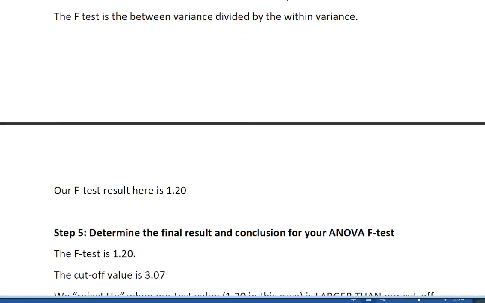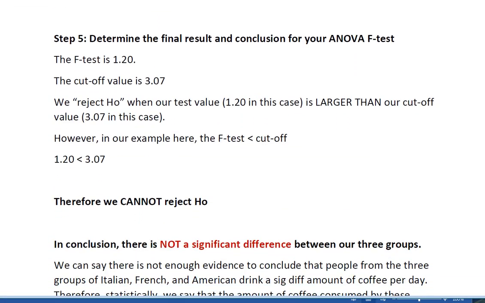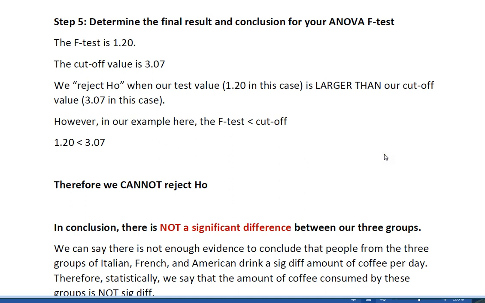In our final step, we have to determine whether or not our H0 should be rejected. In other words, do we have enough evidence to support the idea that different ethnicities drink a significantly different amount of coffee? Well, our f-test is 1.2, but our cutoff value that we got from the table is 3.07.